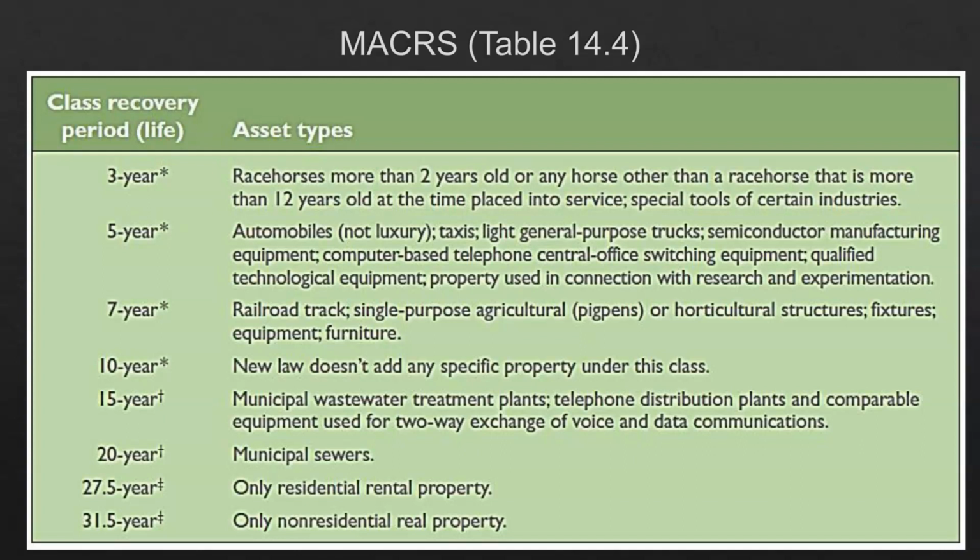Notice we can even depreciate a racehorse if it's more than 2 years old, or any horse other than a racehorse that is more than 12 years old, special tools of certain industries, all kinds of things. A lot of times we work with things like automobiles or furniture that maybe is used in an office. So you can refer back to this chart when you need it. It's in your textbook also.